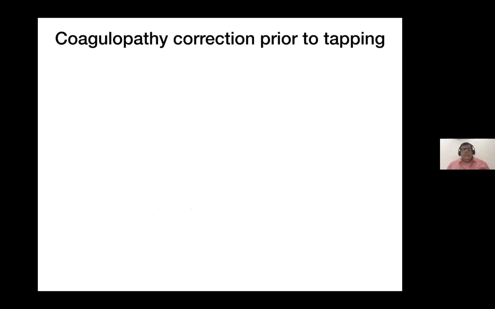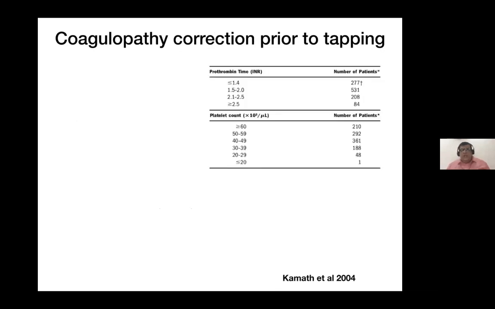Very important question which is asked is, do you need to do correction of coagulopathy before tapping patients with cirrhosis? So, beautiful article written by Professor Patrick Kamath et al. Wonderful study done way back in 2004, which looked at tapping for different groups of patients. So 84 patients had an INR of 2.5 and above.